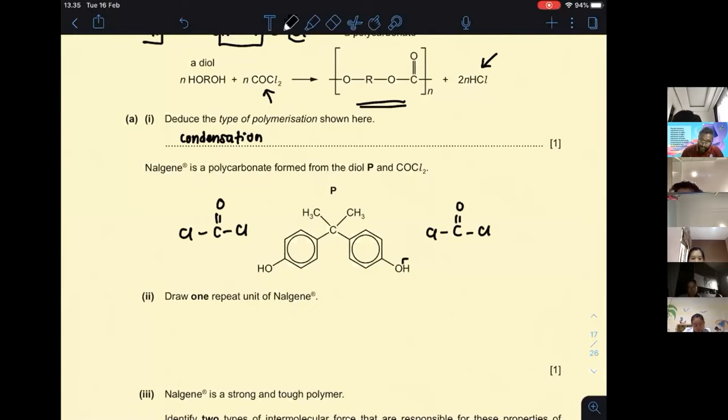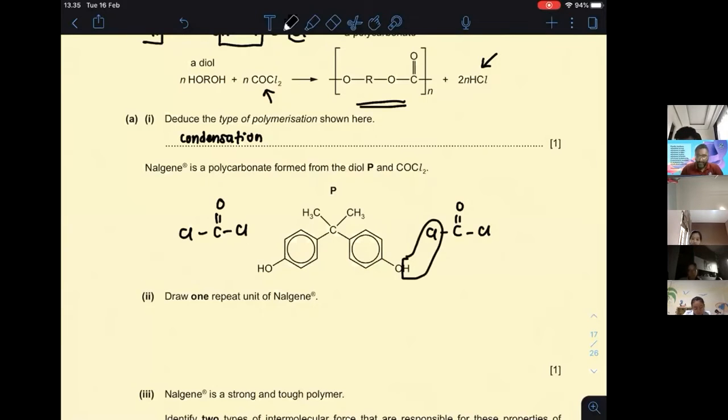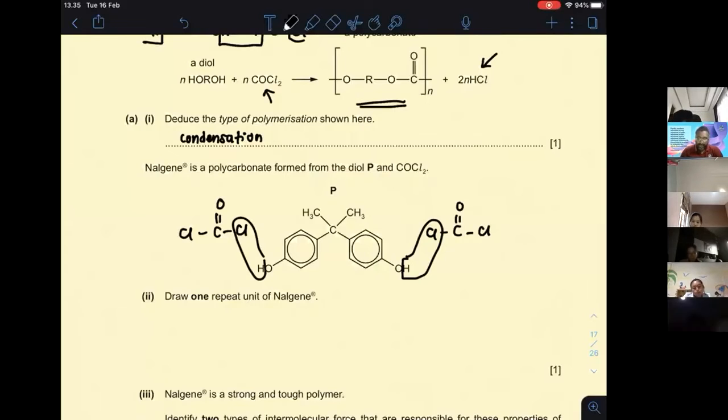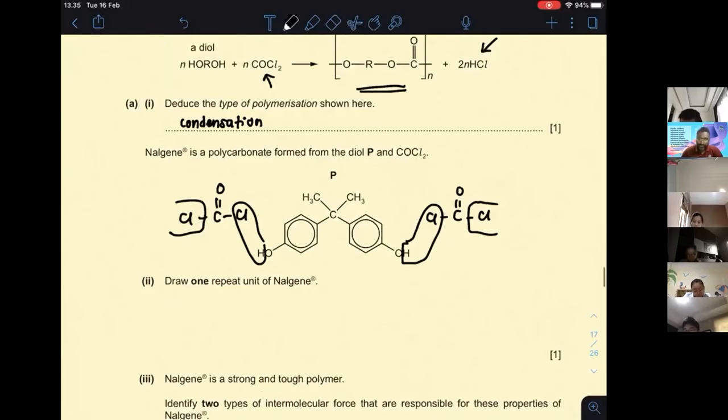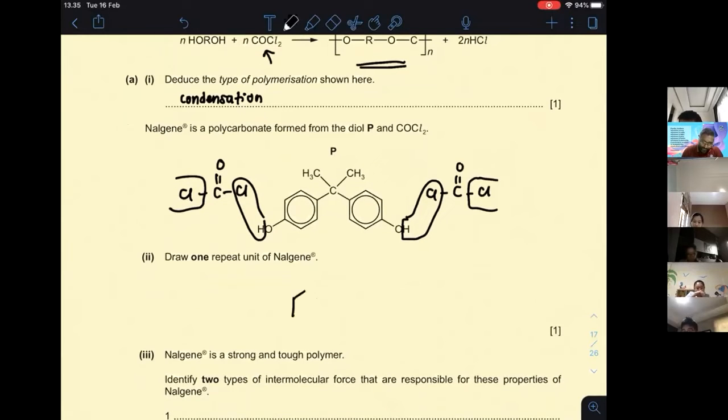The H will go out with the Cl, and this H will go out with this Cl. So similar, this one will also go out, this one will also go out, but they want one repeating unit, not the entire polymer. So how do I draw? This one I'll just redraw again.